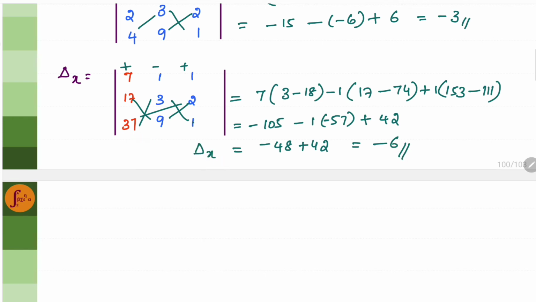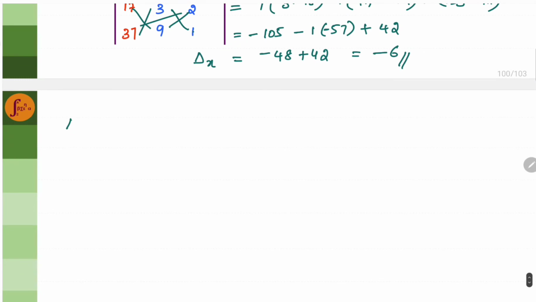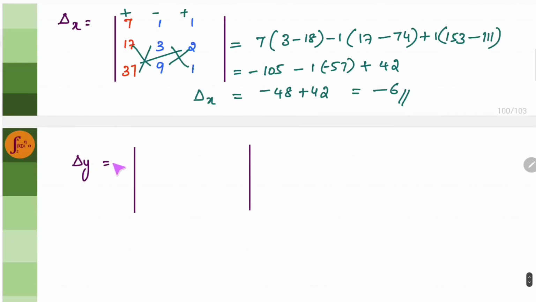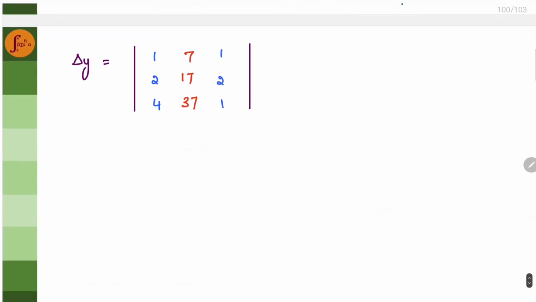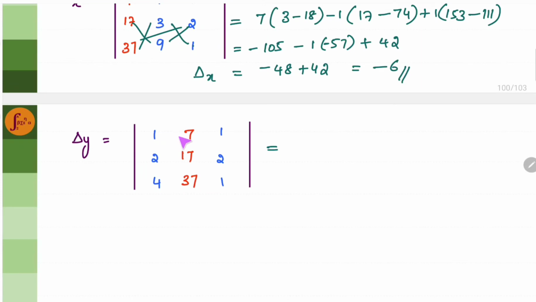This is determinant x. Now let's find determinant y. To find determinant y, replace the coefficients of y with constants. So the second column would have the constants 7, 17, 37. The first column would be 1, 2, 4. And the third column will retain 1, 2, 1. Now let's calculate. We'll get 1 into 17 minus 37 into 2, which is 74.